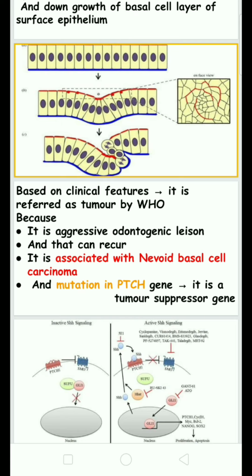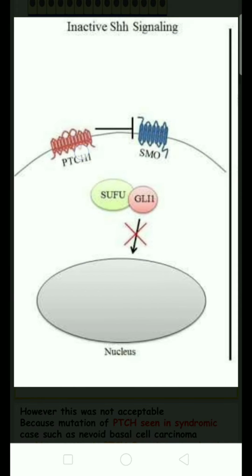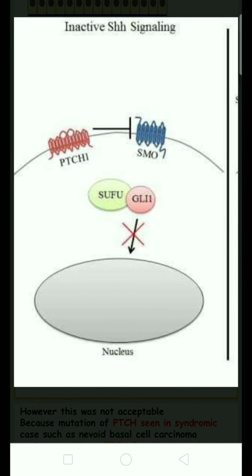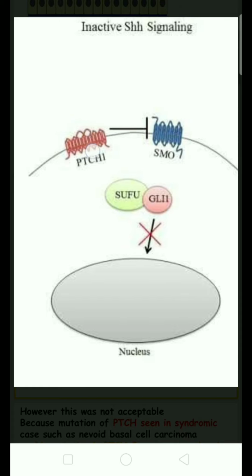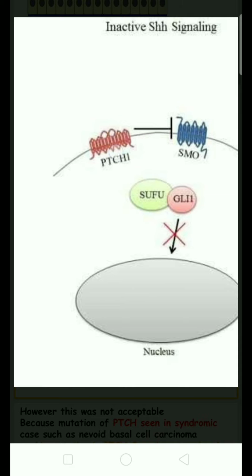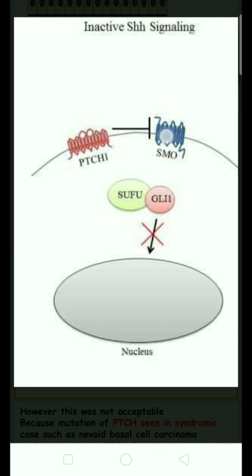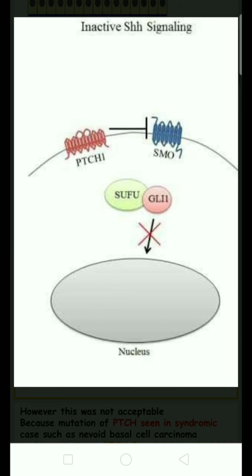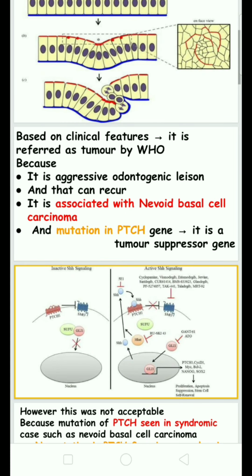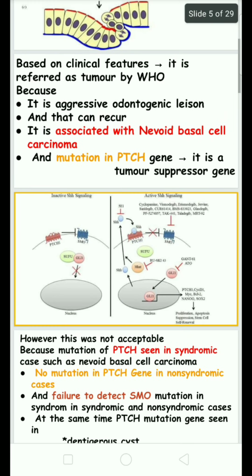The PTCH gene is a tumor suppressor gene because PTCH controls SMO. The role of SMO is to synthesize too many cells, and it is controlled by PTCH. With a mutation in the PTCH gene, SMO synthesizes a large amount of cells that leads to a tumor. So finally, it was concluded to be a tumor.